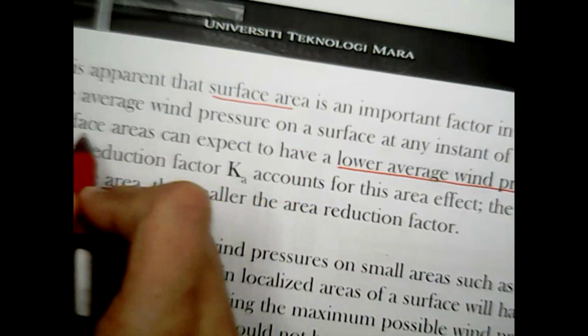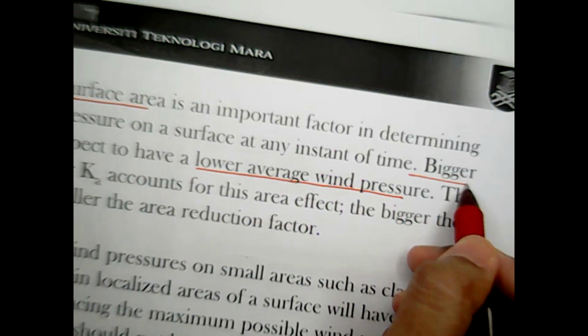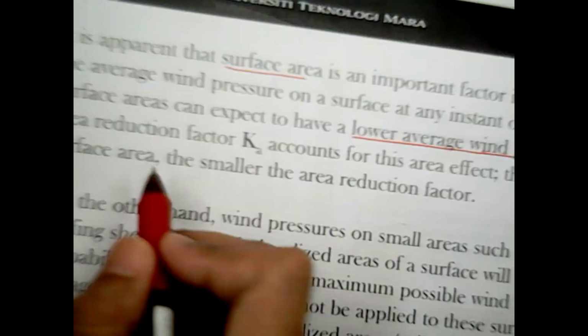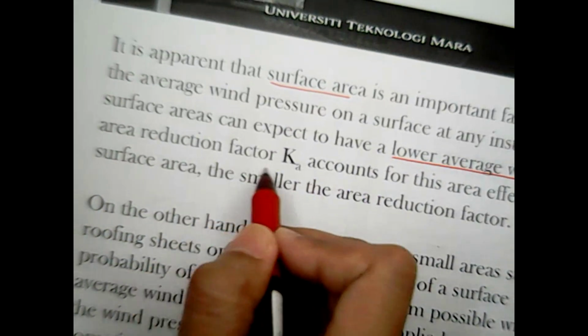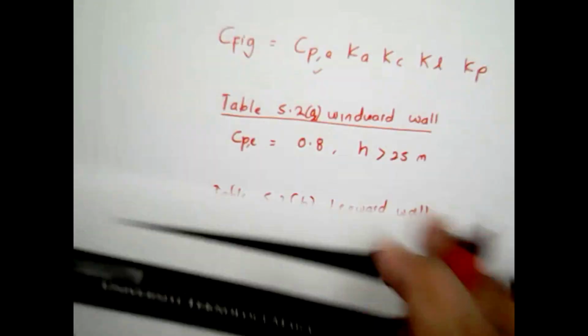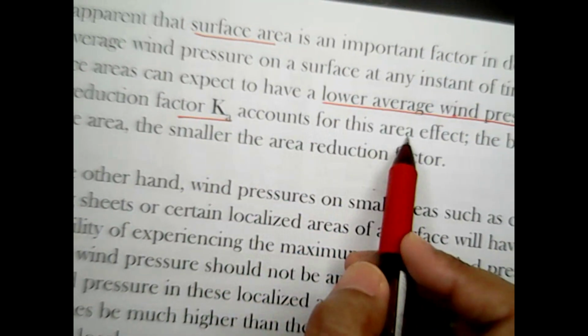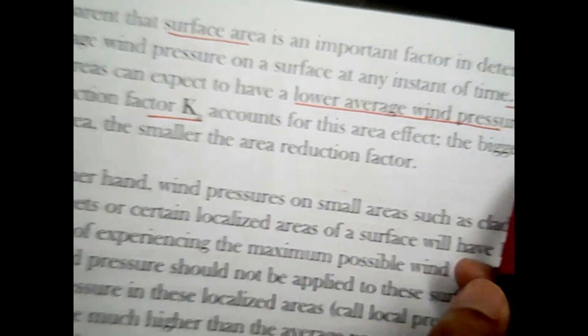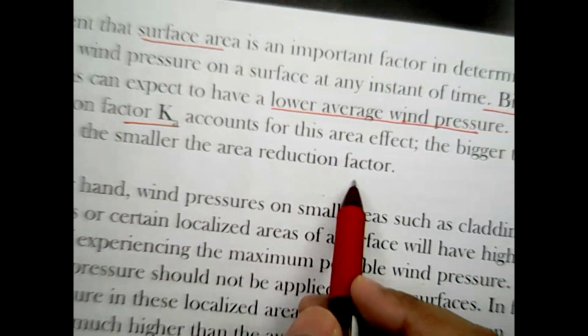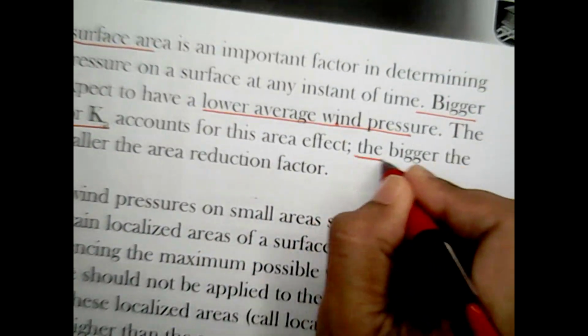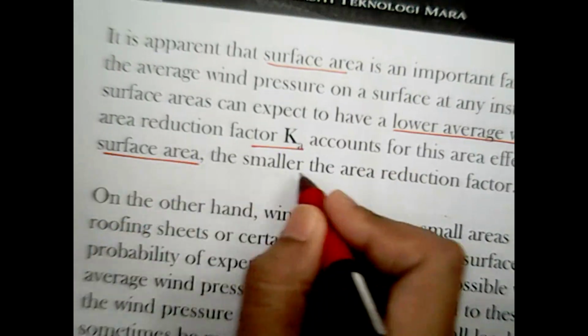The area reduction factor, which is Ka, the one that we're going to determine, accounts for this area effect. The bigger the surface area, the smaller the area reduction factor. So this is the keyword: the bigger the surface area, the smaller the area reduction factor.